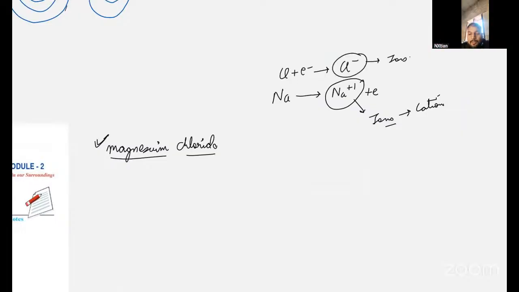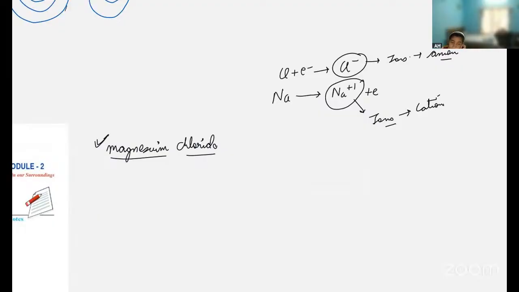Your voice is breaking. Agatha, say it again. So ions are made after an atom releases or gains electrons. Yes, correct.